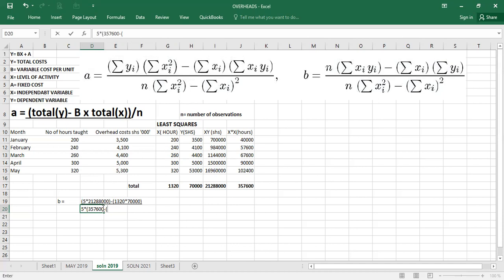So it will be 1,320 bracket squared. We can multiply it by itself and you'll be able to get that. You put another bracket to close the other one, and that's how we shall be getting that B.